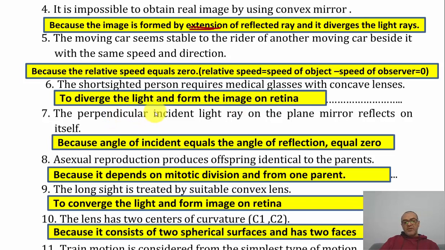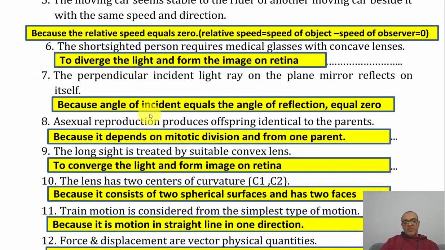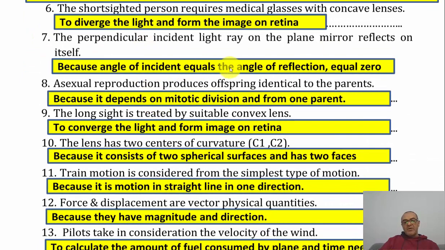The perpendicular incident ray on the plane mirror reflects on itself because the incident angle equals the reflection angle, which equals zero. Asexual reproduction produces offspring identical to the parent because it depends on mitotic division and involves one parent. Long sight is treated by a suitable convex lens to converge the light and form the image on the retina.